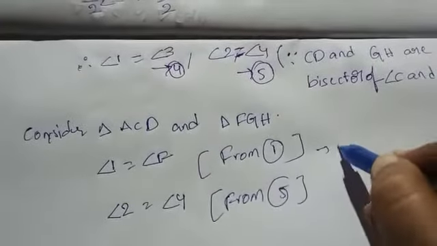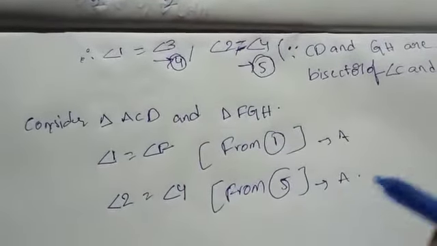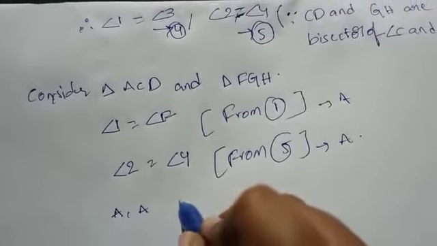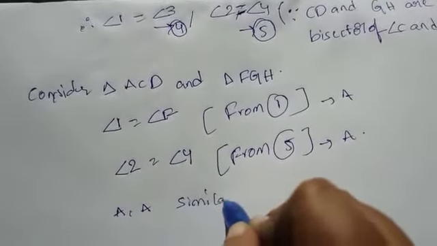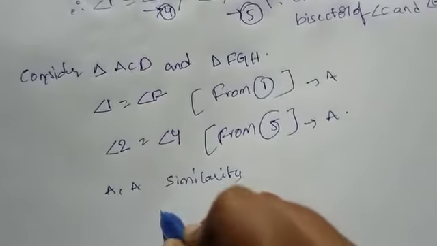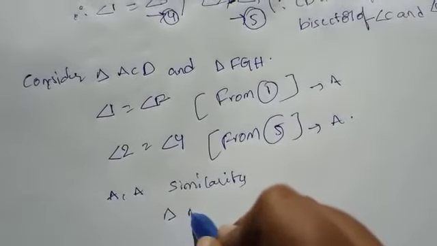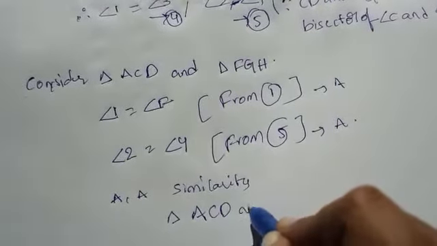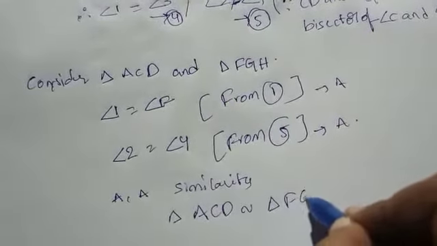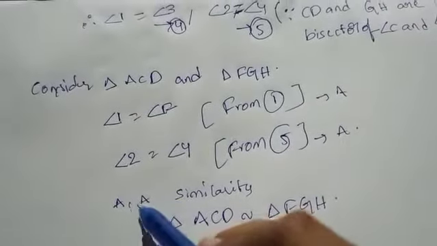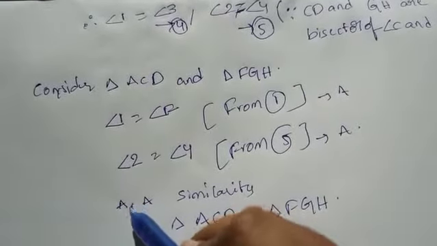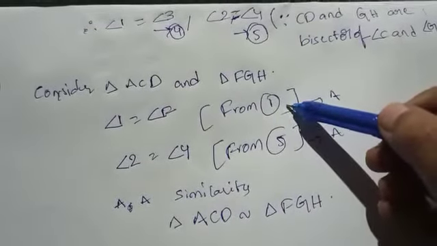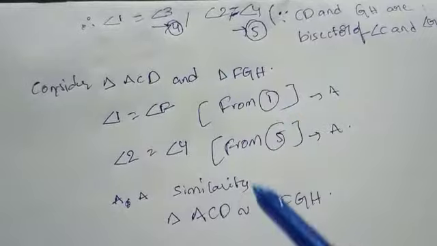Here using the angle similarity criteria, therefore triangle ACD is similar to triangle FGH. Using angle similarity criteria, corresponding angles are equal, so these two triangles are similar.